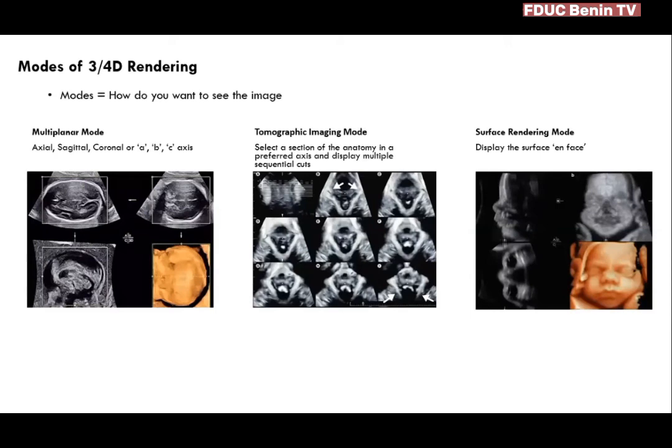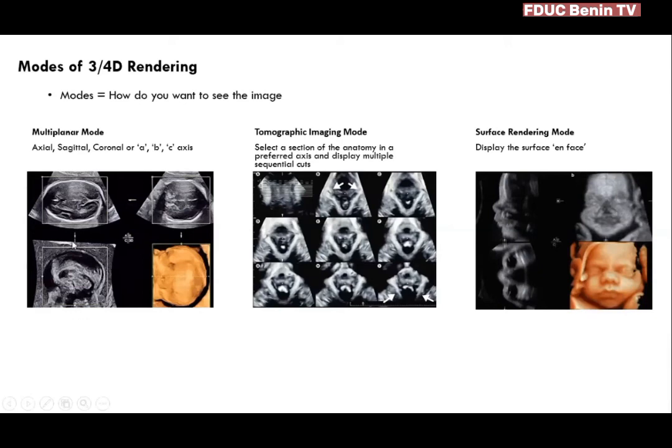But if the primary image, which is indicated by the A-axis here on this particular image frame, is an axial image, the B axis and the C axis would be either a coronal or a sagittal image. As we can see here, we have an axial cut, we have a coronal cut, and we have a sagittal cut.